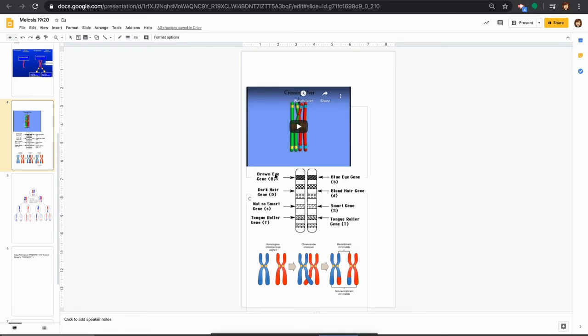And brown eyes always would have to be associated with dark hair and not so smart and tongue roller. But because of crossing over, the smart gene can go to the dark-haired person, and being not so smart can go to the blue-eyed person. And tongue rolling is the same for both, so that doesn't really matter. But it just diversifies the gene pool because it swaps the genes between the chromatids.